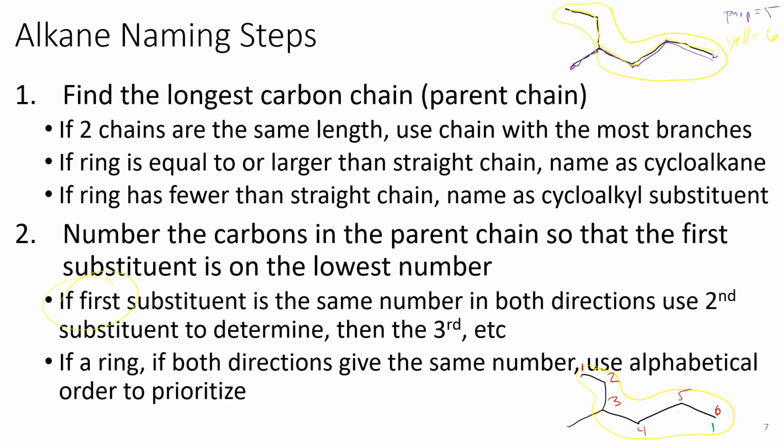So 1, 2, 3, 4, 5, and 6. So now my job is to look at the branch. In the red, the branch is on the 3. In the green, the branch is on the 4. So my red numbering is correct in terms of the numbering that I would want to see. Because we want that branch to be on the lowest number possible. So I would number starting with the red line, starting with the 1 up top, and then I would number along all 6 of my carbons in the parent chain.